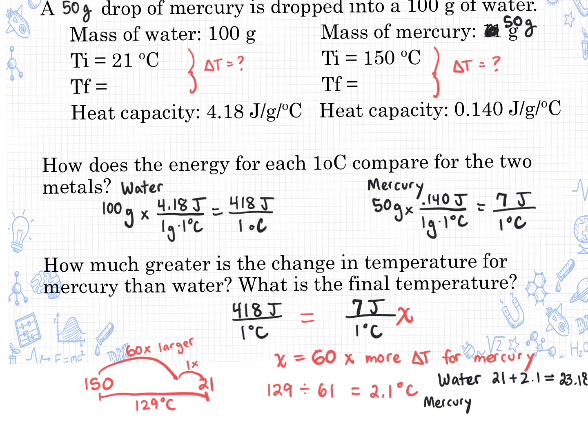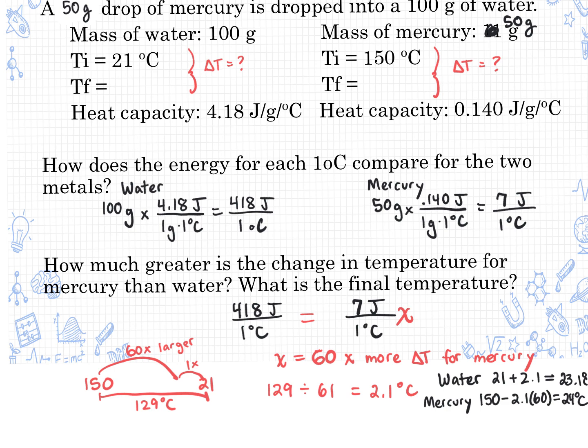So mercury started at 150 degrees. It's going to lose 60 times as much temperature as the water gained in temperature. So 150 minus 2.1 times 60 is 24 degrees Celsius. And that's really pretty close to where the water ended up. So that final temperature is going to be somewhere between 23 and 24 degrees Celsius.